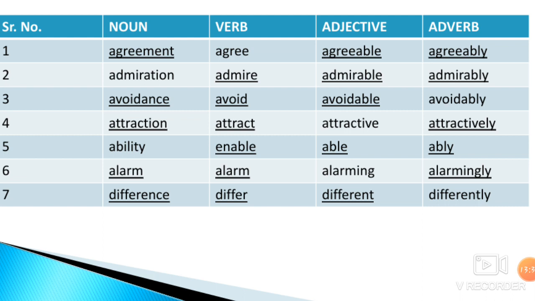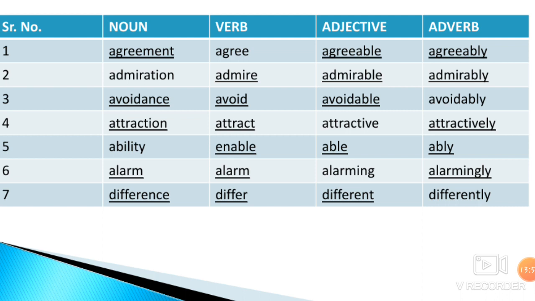Number 3, the adverb is given to us, avoidably, and we have to find out the other forms. Easily you can find the adjective avoidable, then the verb avoid, and the noun avoidance.